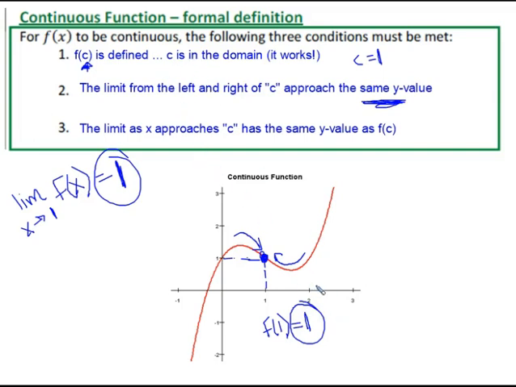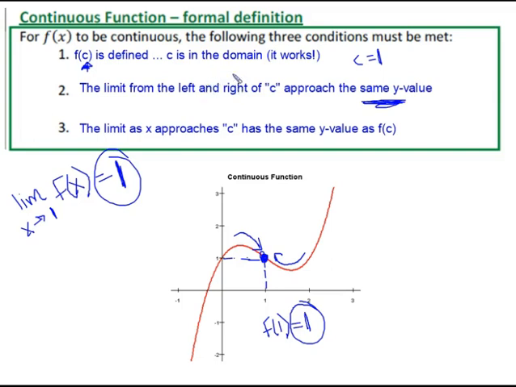So for a continuous function, all three of these work for every single x value you can think of: any decimal, any fraction, any whole number, any negative number. We just used 1 in this case, but I think this was a very good visual to help us understand the formal definition.